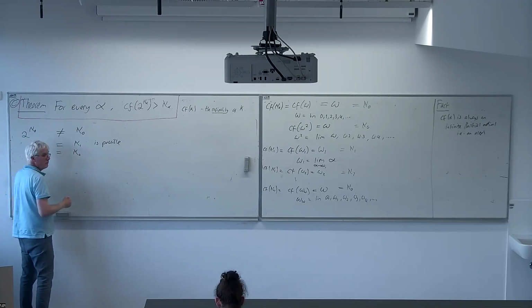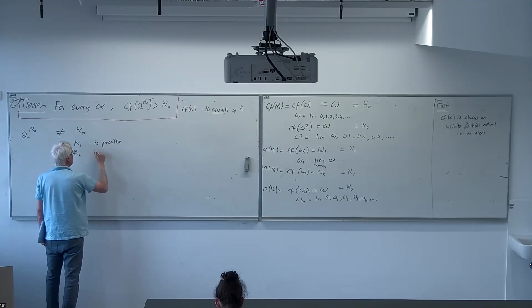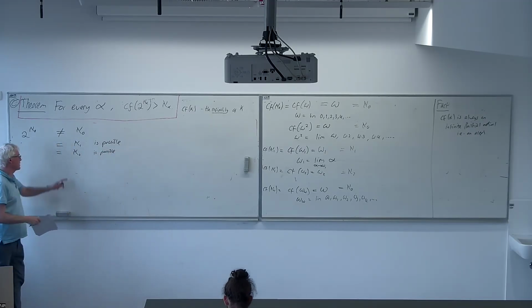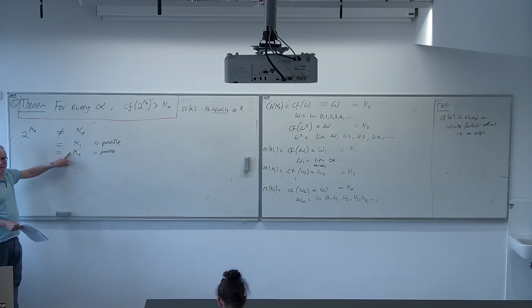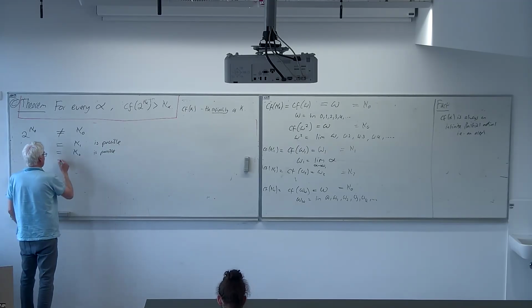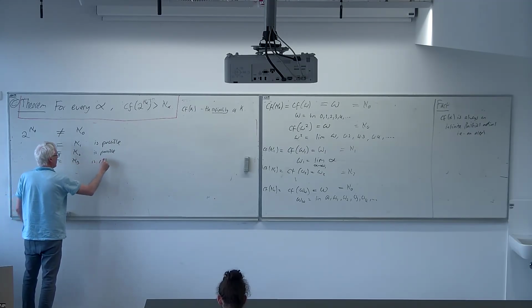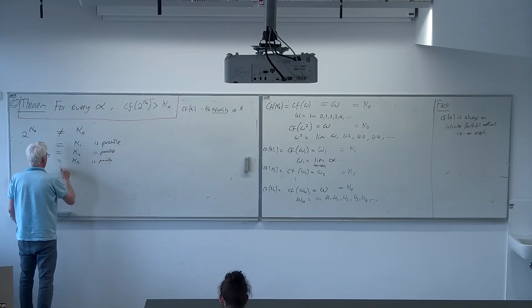It might be aleph 2. It's also possible. And there's quite a group of set theorists that believes that the cardinality of the continuum really is aleph 2, as a matter of fact. But it might not be. According to our axioms, it's consistent for it to be aleph 3. That's also possible. And we can carry on.